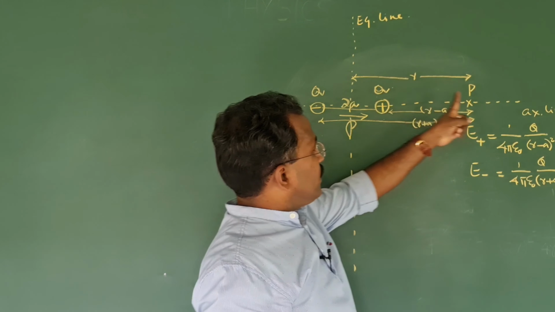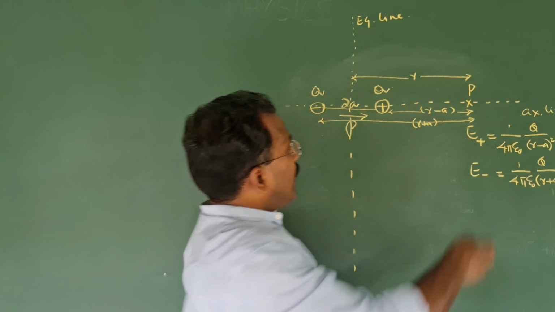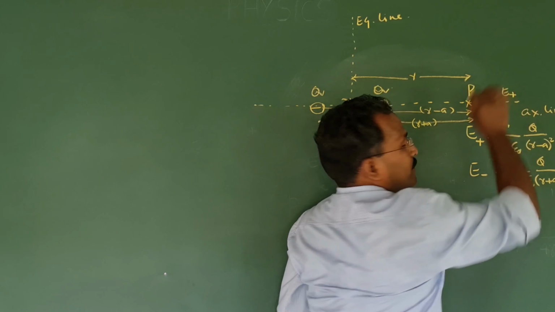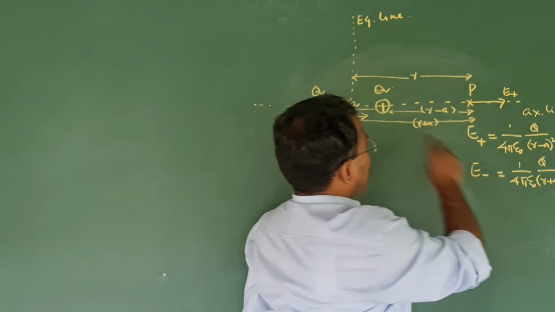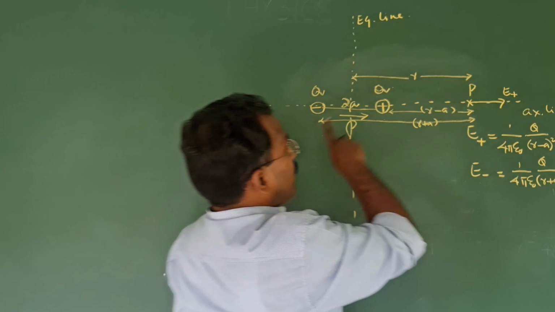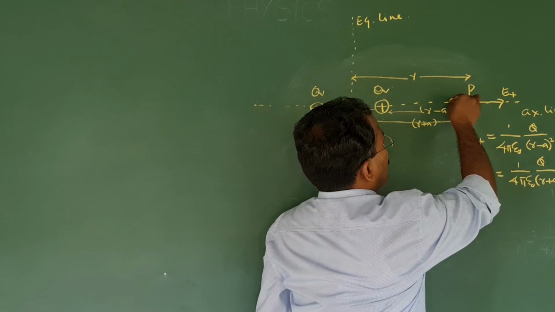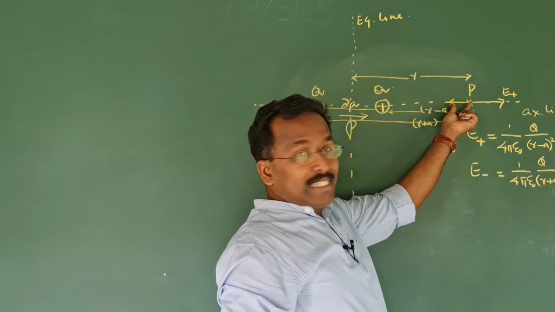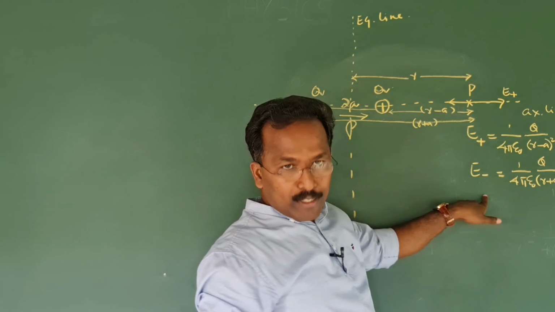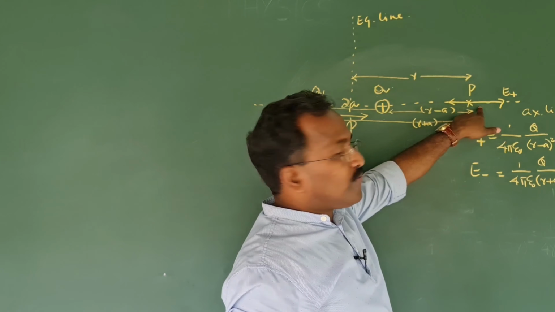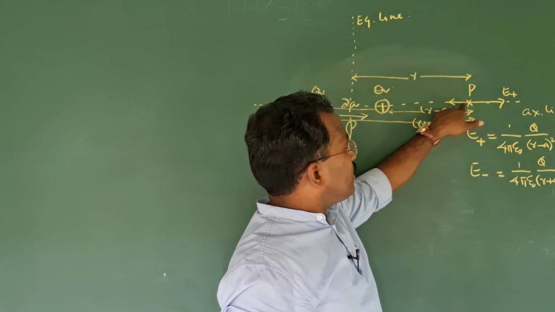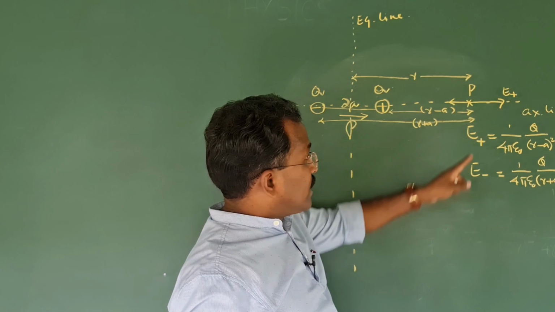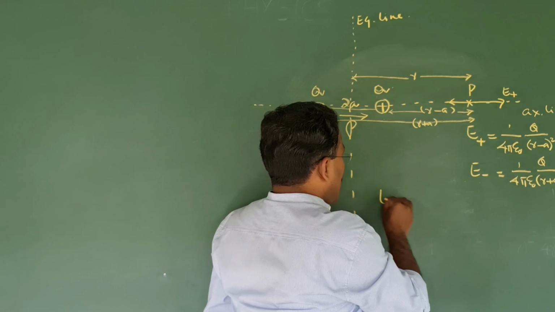This charge produces more electric field here, and it is in this direction. This is the direction of E plus, and this negative charge produces E minus in this direction. I purposefully made this line longer than this line because this is more than this one. Now the net electric field here will be the difference of these two. This is a vector addition, remember that, not an algebraic addition, even though it appears so.